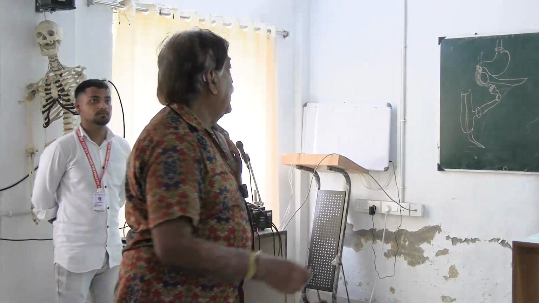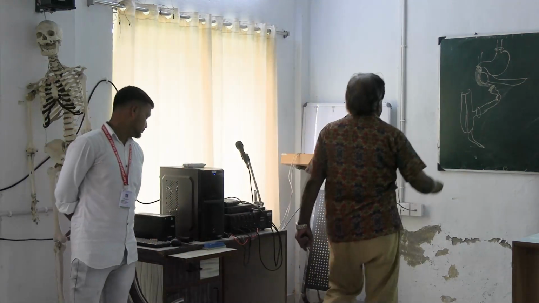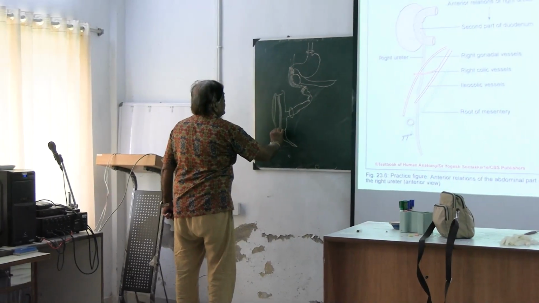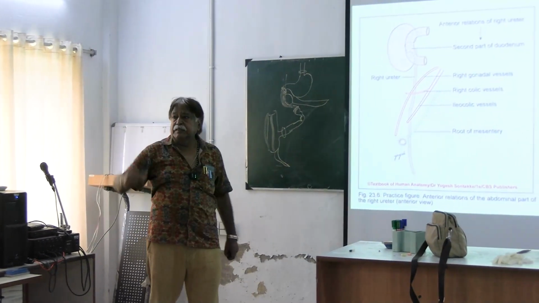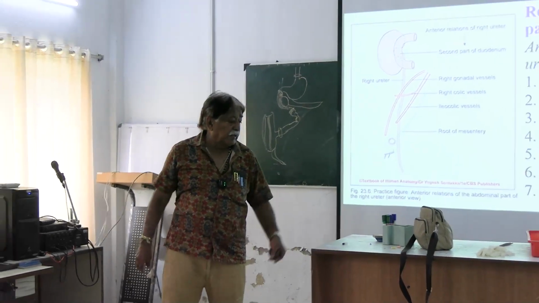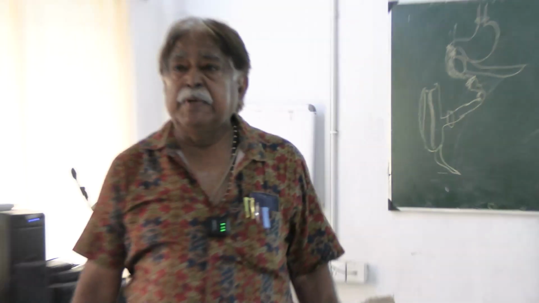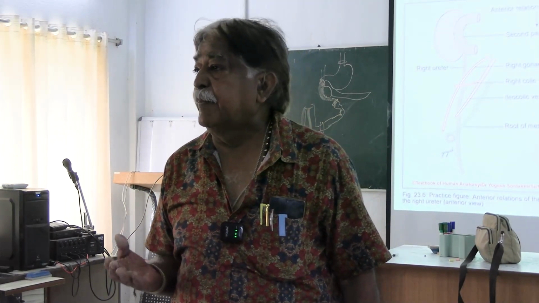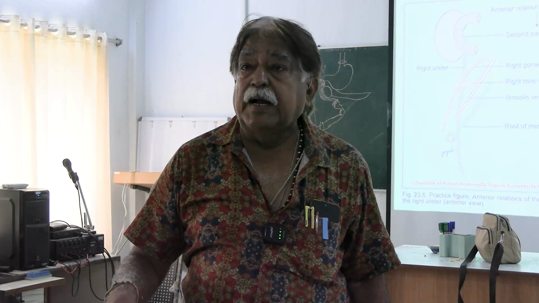The tinea coli, these are your bands, bands like this, in the cecum. Now, what we usually do during surgery of the appendix, we go and pick up the cecum.